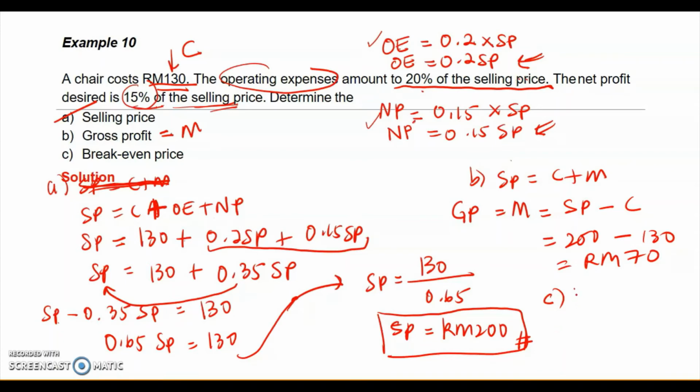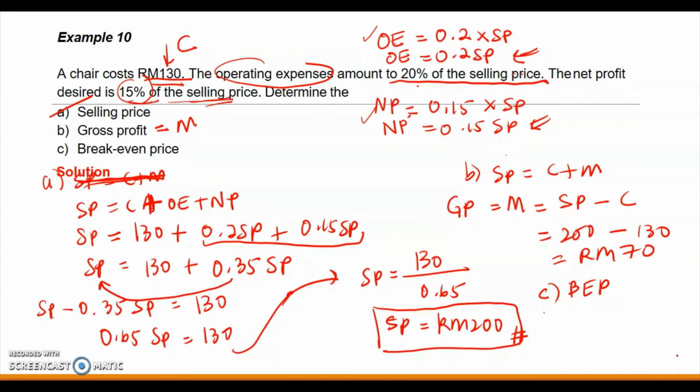So to find the break-even price, the formula is C plus OE. So C is 130 plus OE. OE is 0.2 SP.